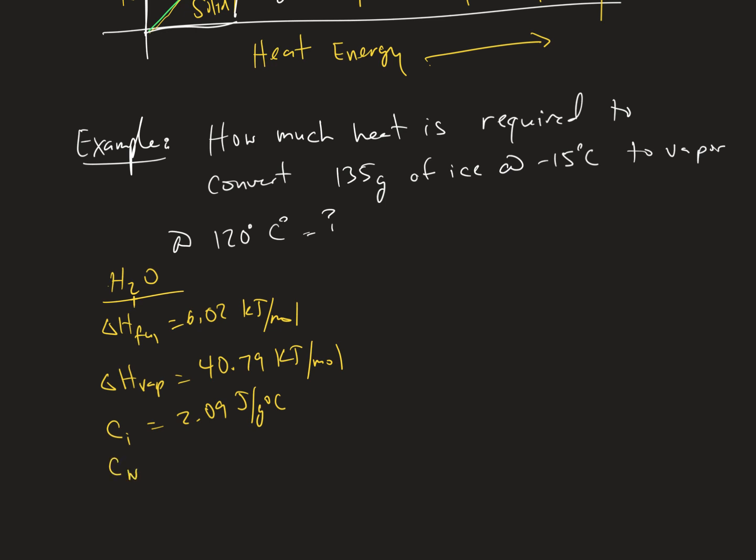Specific heat capacity of water, anybody know this yet? 4.184, we'll just say 4.18 joules per gram degrees Celsius. And specific heat of steam is 2.03 joules per gram degrees Celsius.